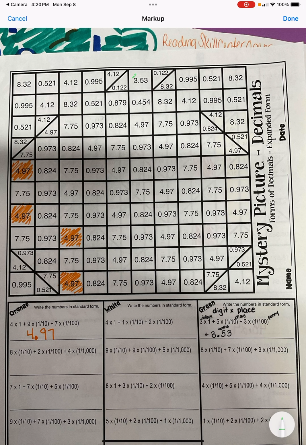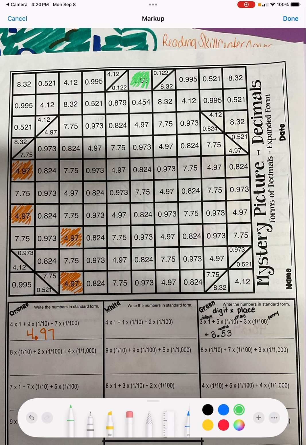So we have one here. And that seems to be it so far.